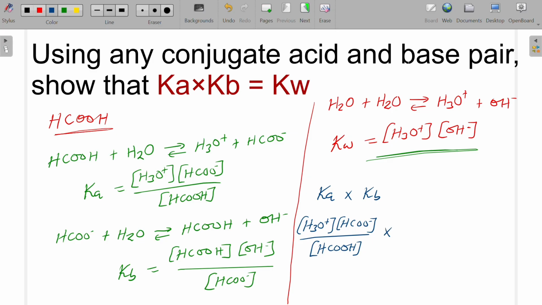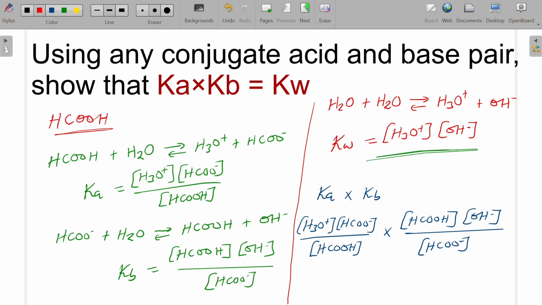Then we are multiplying this by Kb. Our Kb is the HCOOH concentration multiplied by the OH minus concentration, divided by the HCOO minus concentration. So that's what we have there.